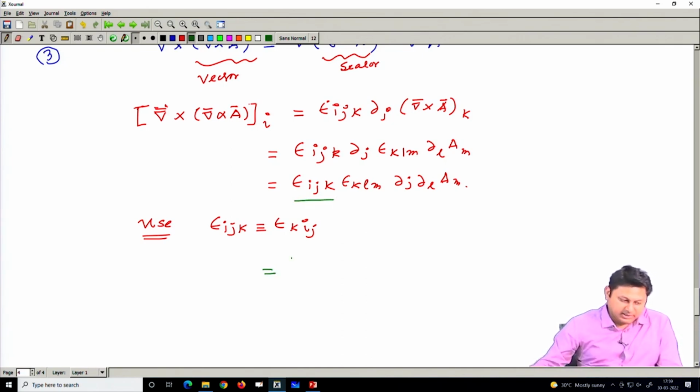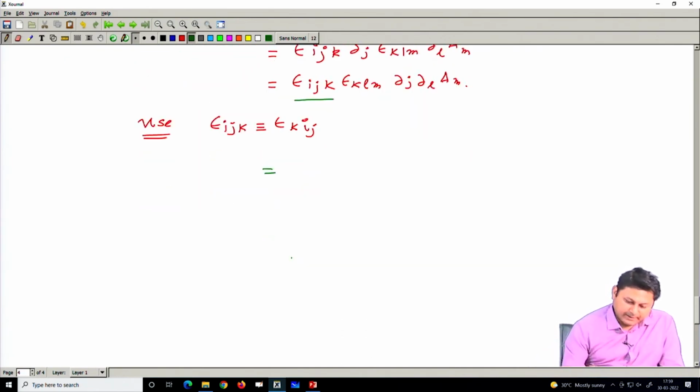After that I can write epsilon i j k replaced by epsilon k i j, because both are the same, then epsilon k l m, then del j del l A m as usual. Now, why do I write this?